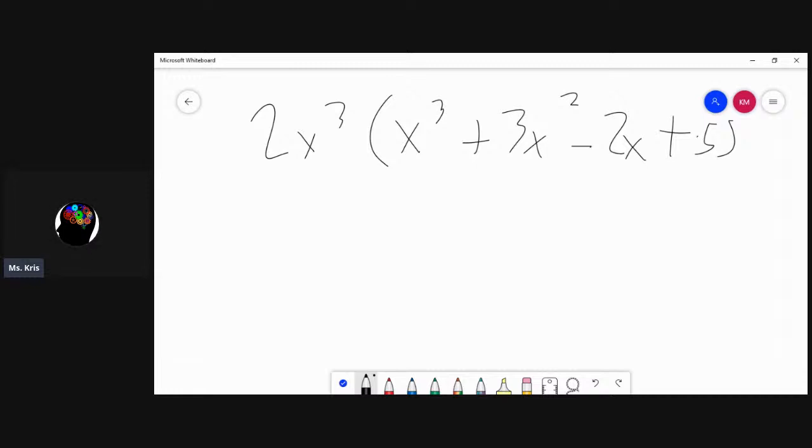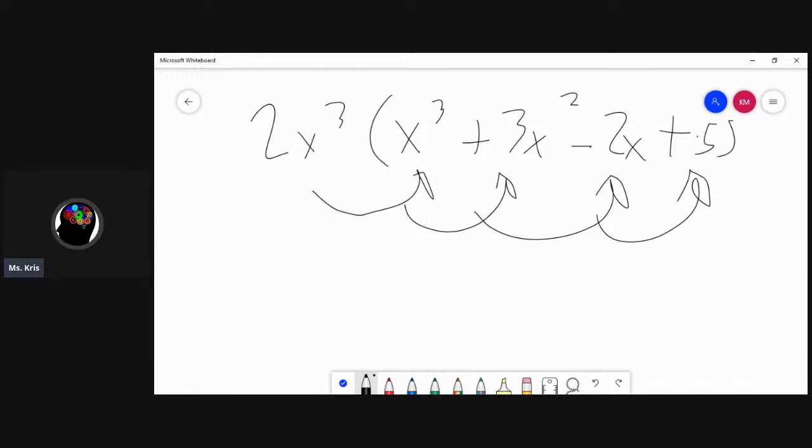Now, remember, if you notice, it's a monomial, so I'm distributing my monomial to each term. 2x to the third times x to the third. Well, 2 times 1, that's 2. X to the third times x to the third is going to be x to the 6th, because x to the third times x to the third is x to the 3 plus 3.